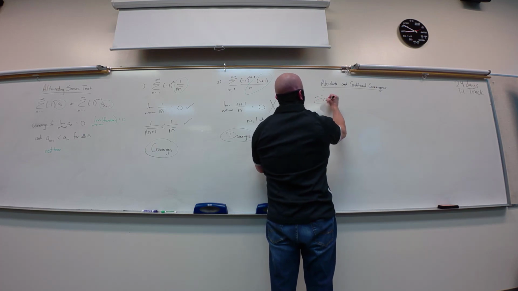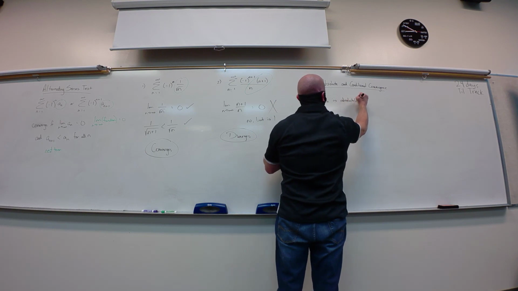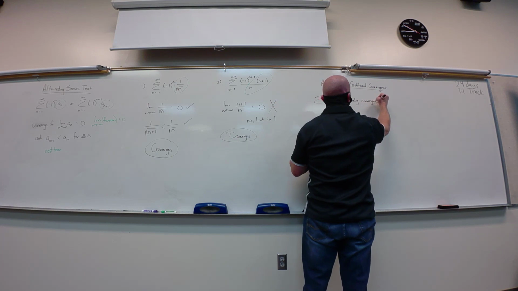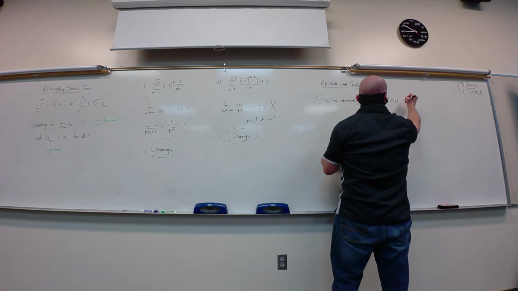The sum of a sub n is absolutely convergent if the sum of the absolute value of a sub n converges.